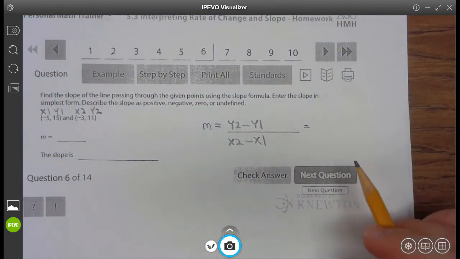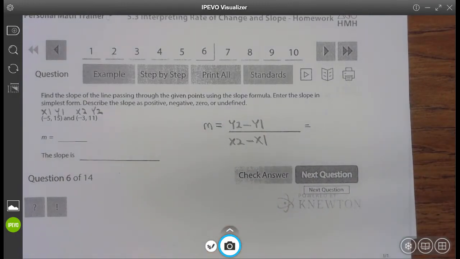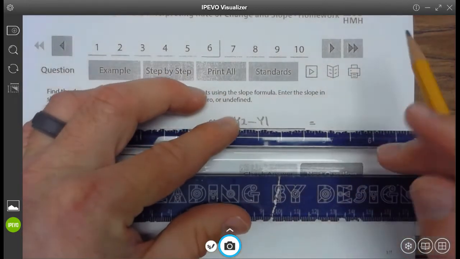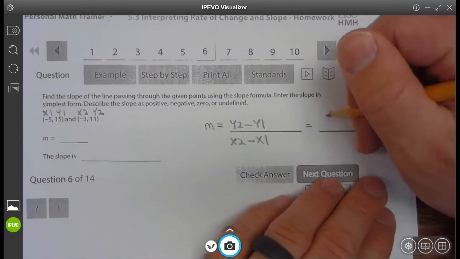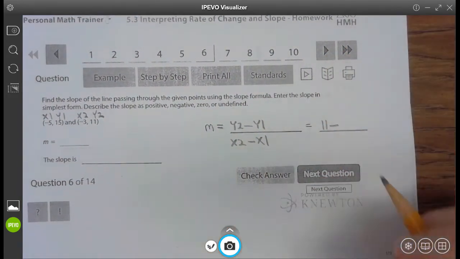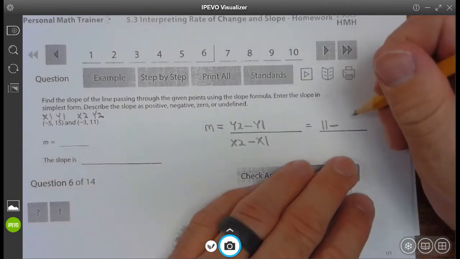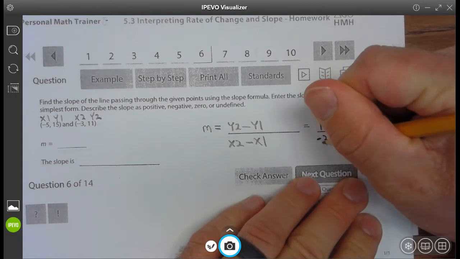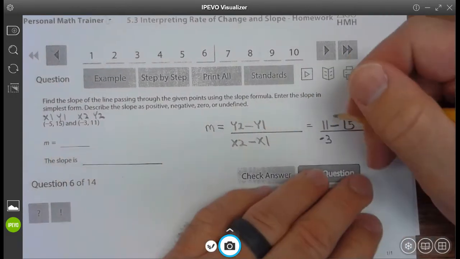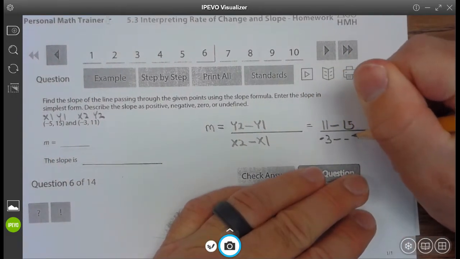Okay, so add a little fraction there. All right, so y2 is 11 minus 15. x2 is negative 3 minus a negative 5.